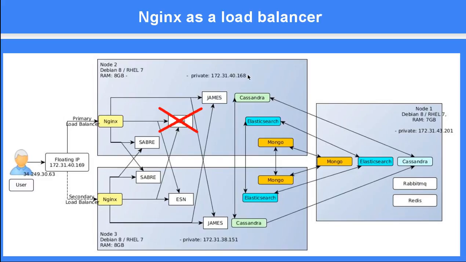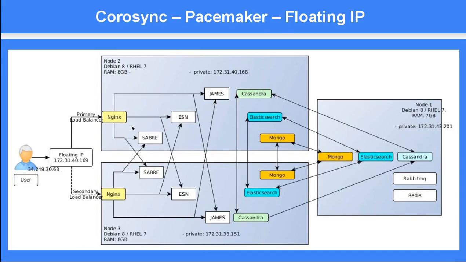It's the same for them and Sabre. So the last I will demo for you is about failover. We have two NGINX, one for primary and one for backup. In this deployment I use Corosync and Pacemaker to handle failover.